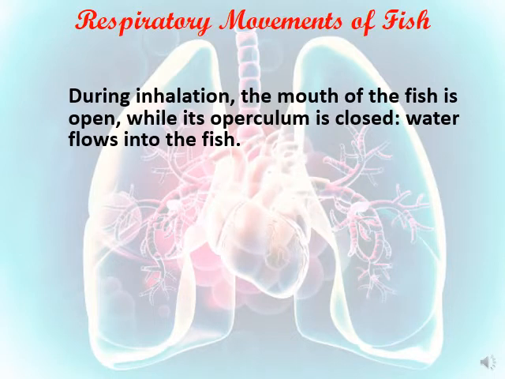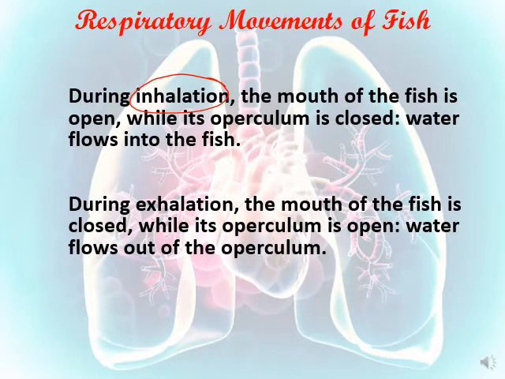We said that the mouth of the fish is open and the operculum is closed, so water will flow into the fish. While during exhalation, the mouth is closed while the operculum is open. So water will flow out of the operculum. Flowing of water out of the operculum is called exhalation.